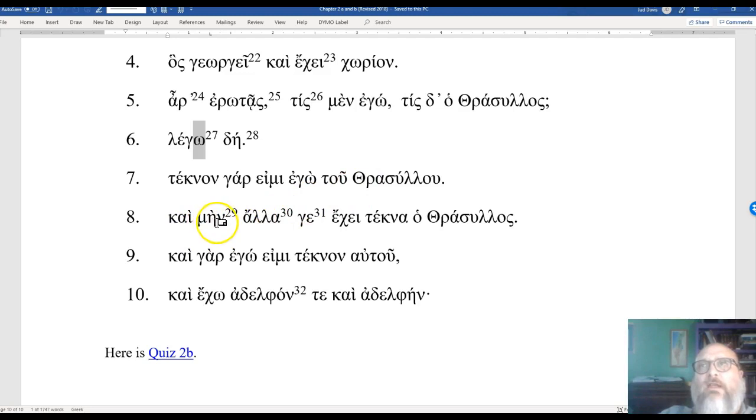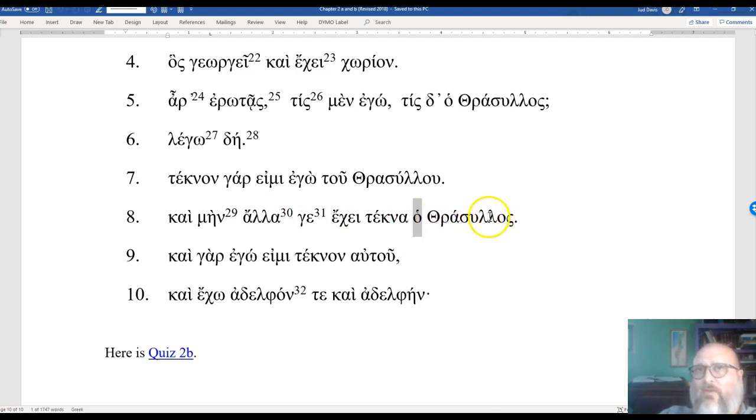And surely, to be sure, Thrasylos has other children. And in Greek, you can put the word "the" with the proper name. You often do. For surely, to be sure, the Thrasylos has other children.